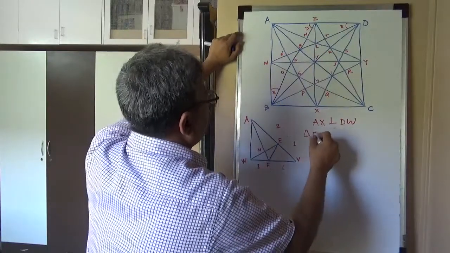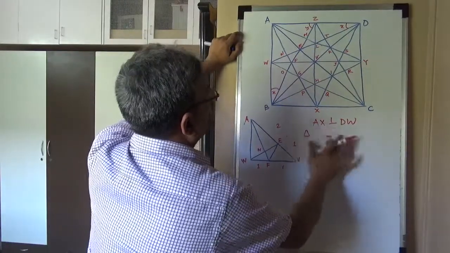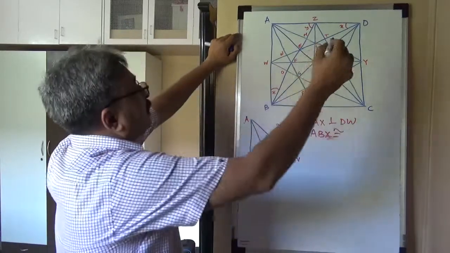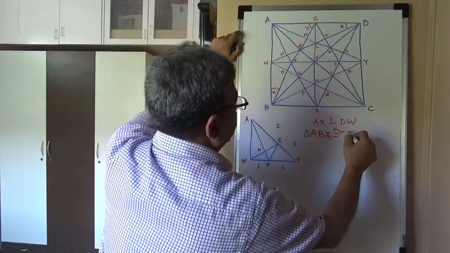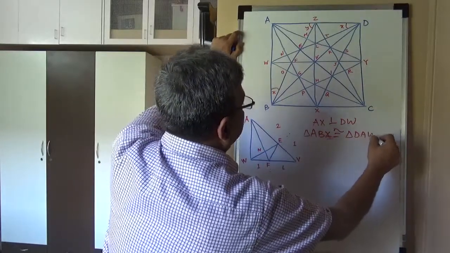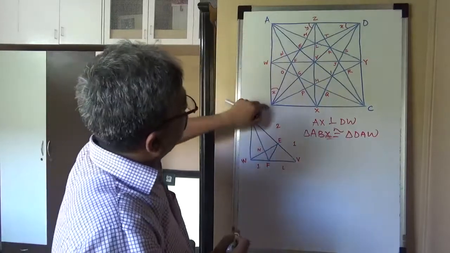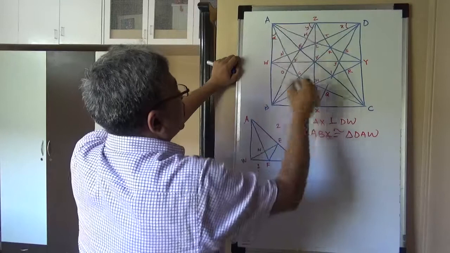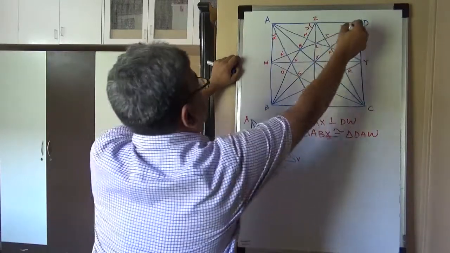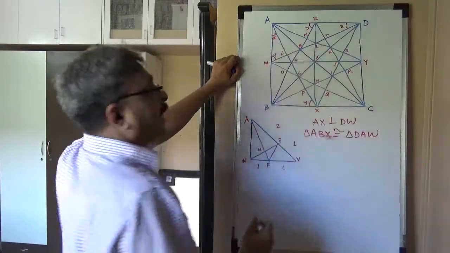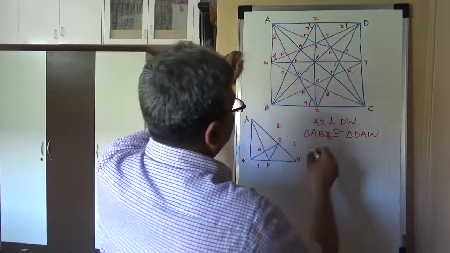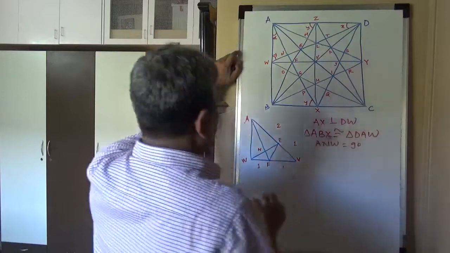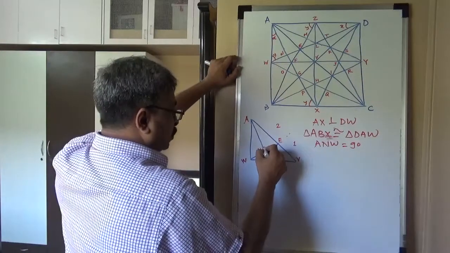So triangle ABX is congruent to DAW. Okay, so ABX is congruent to DBW. So let us call this X and this Y. Then this is X and this will be Y. And X plus Y is 90. Therefore angle ANW is going to be 90. So ANW in this diagram is also 90.